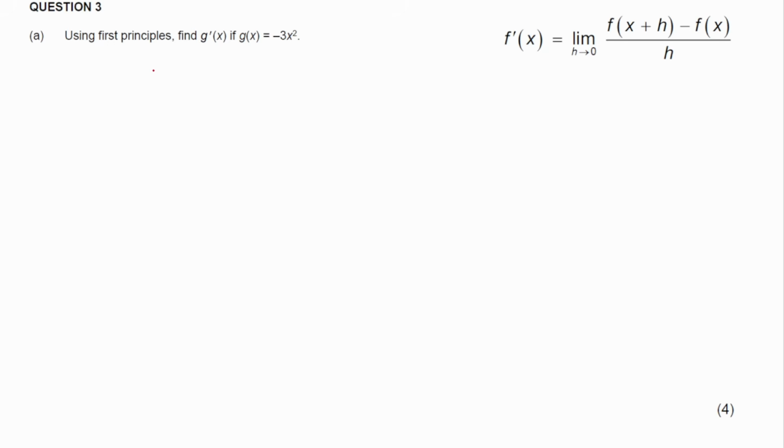In this question, we have to use first principles to find g prime of x if g of x is negative 3x squared. So I like to do two steps. First step is I like to check this. We use our normal rules of differentiation, where we take this power, take it forward, and then decrease it by 1.